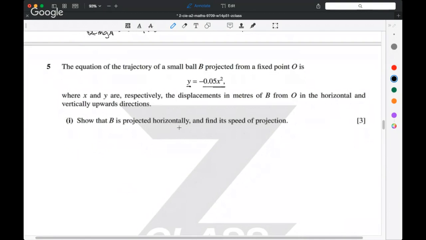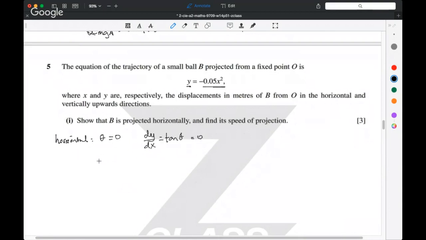Now, what does horizontally mean? Well, this means that the angle theta is 0. And remember from before that dy/dx is equal to tan of theta, which is equal to 0.